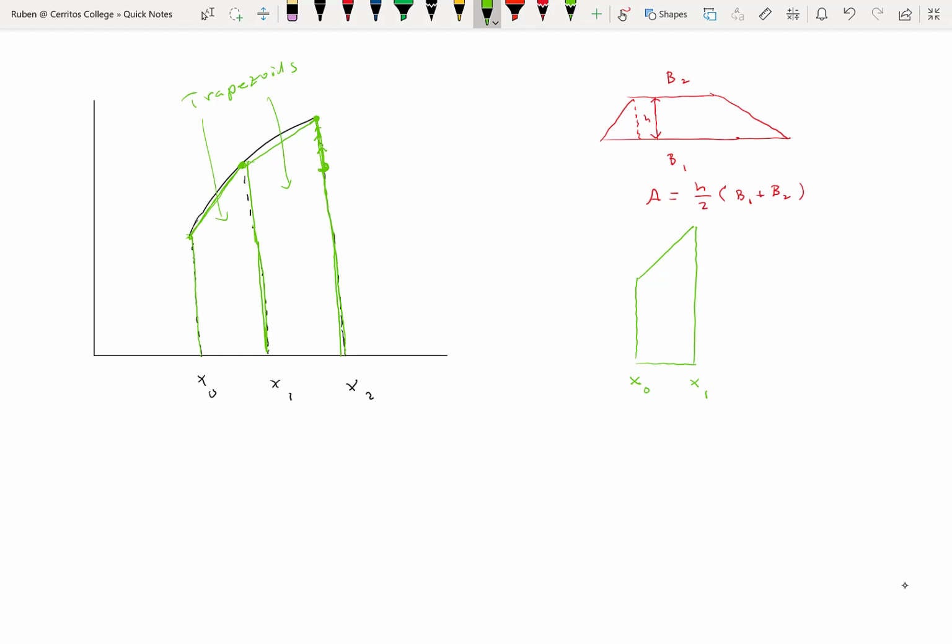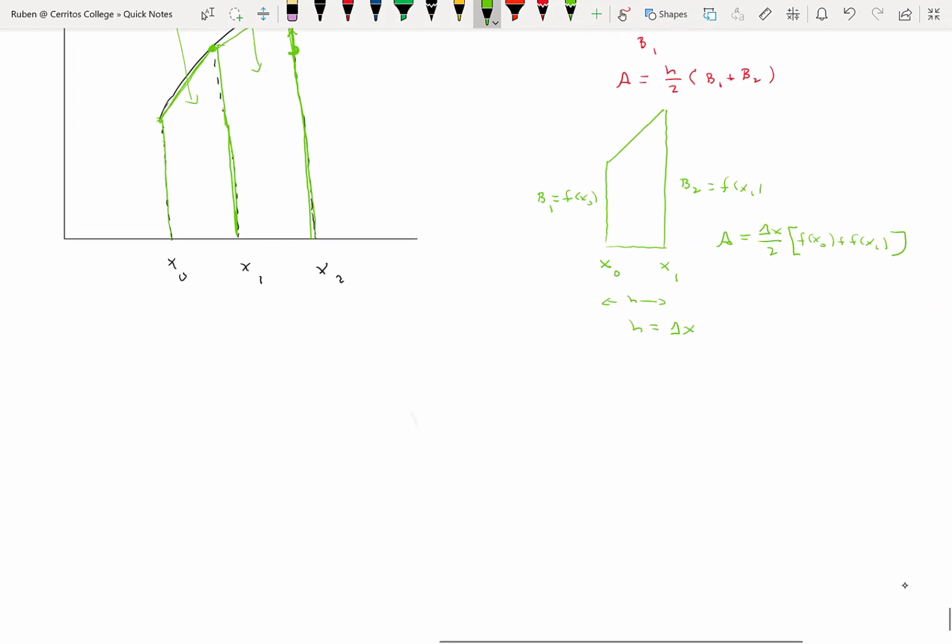The first base, B1, is f of x sub 0. Our second base, B2, is f of x sub 1. And our height, horizontally here, is delta x. So the area is delta x over 2 times base 1 plus base 2: f of x sub 0 plus f of x sub 1.